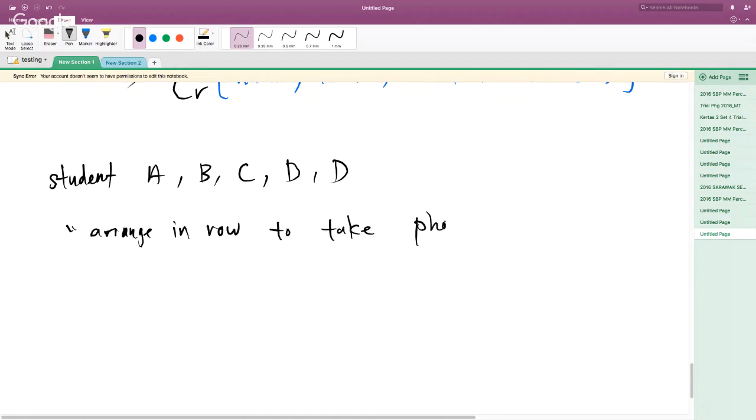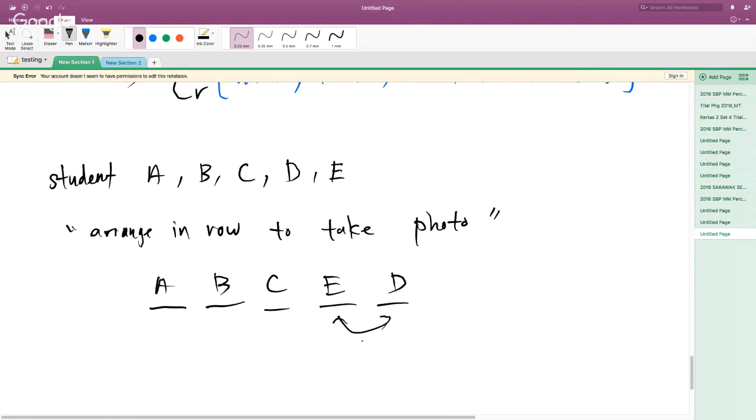So if you assume you are the person viewing this photo, and A, B, C, D, E and A, B, C, E, D, where two of these persons switch place, can you actually tell the difference?